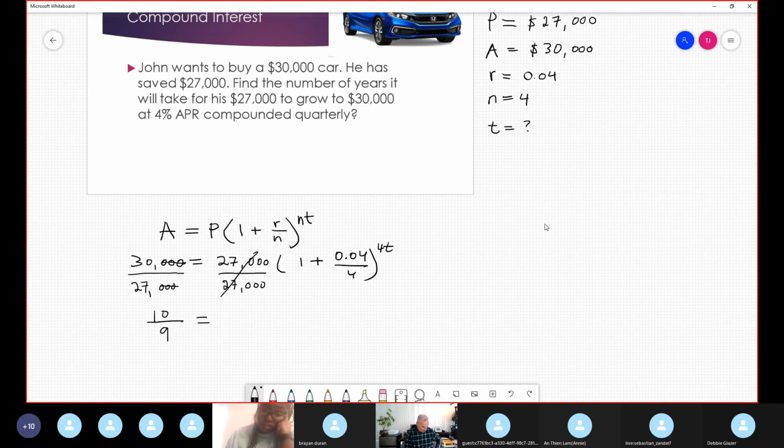On the right hand side, we have 0.04 divided by 4. Obviously that is 0.01. And plus 1 is 1.01. You add 0.01, raised to the 4t. More clear now. This is my exponential equation.